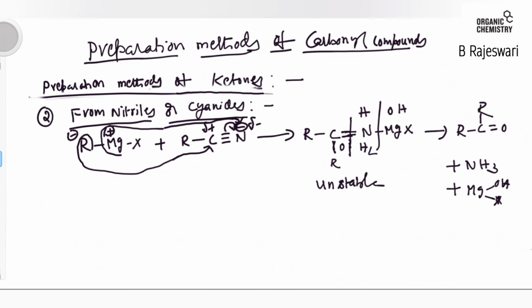Next, the third method, from carboxylic acids. Ketones can also be prepared from carboxylic acids.